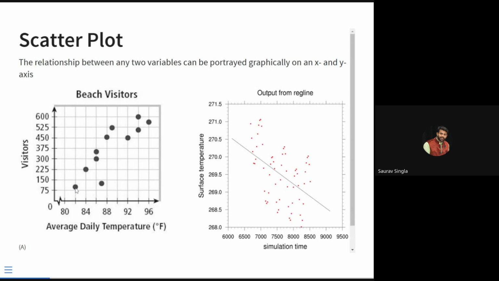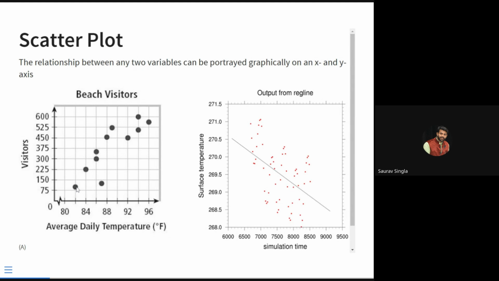So this point is showing the value of y, that is the number of visitors, when the temperature is in Fahrenheit. This is not in Celsius. If it were 82 degrees Celsius, Earth would be boiling, right? So this is temperature in Fahrenheit.